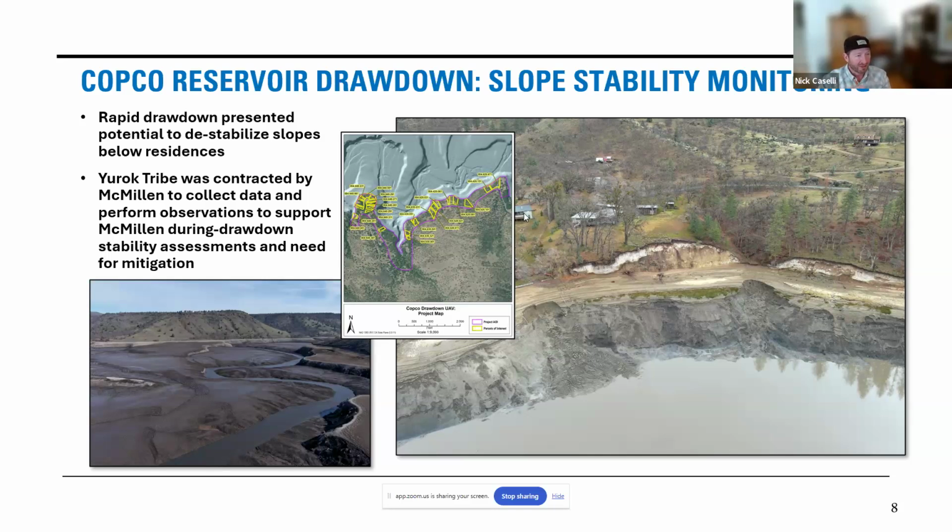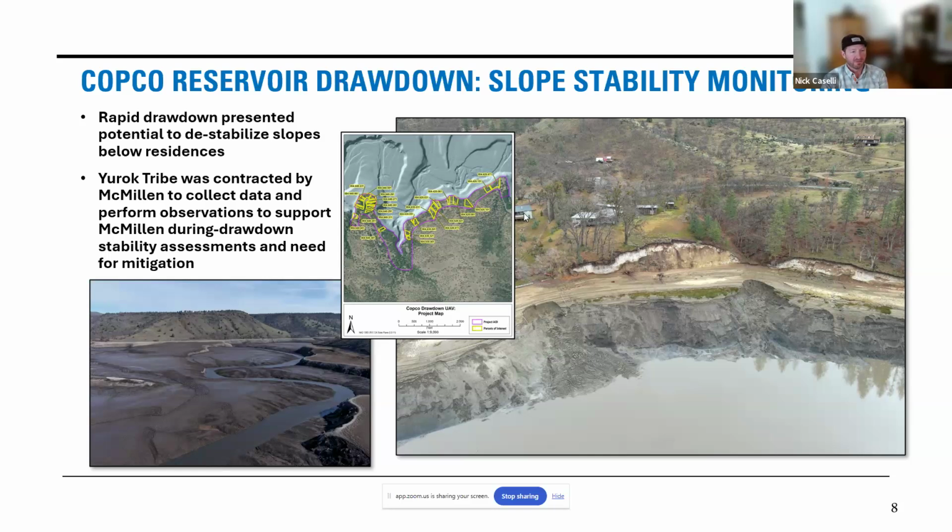So during drawdown, there were some safety concerns. Luckily, none of those really ever came to fruition. But there are quite a few residences along Copco Lake. There were some that were identified as possibly at risk of slope stability issues during drawdown because it was due to happen so rapidly.